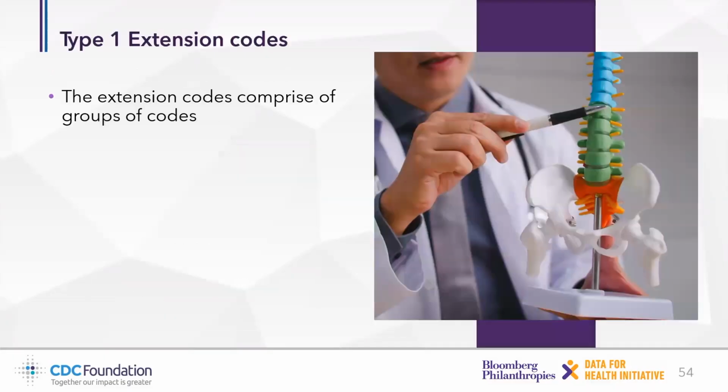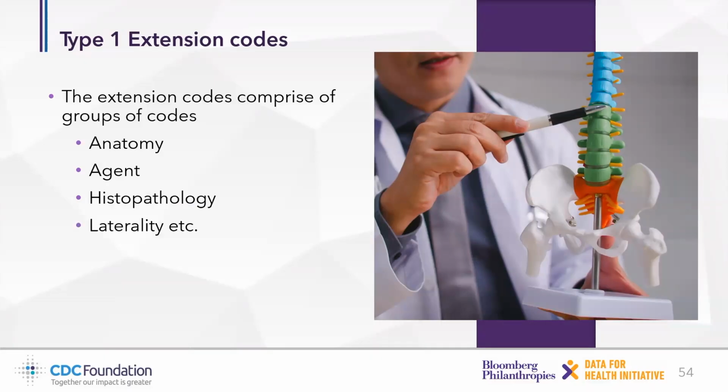Type 1 extension codes comprise groups of codes. So type 1 extension codes may specify anatomy, an agent, infective agent, histopathology, laterality, etc. So type 1 extension codes are used to indicate these concepts or this information.